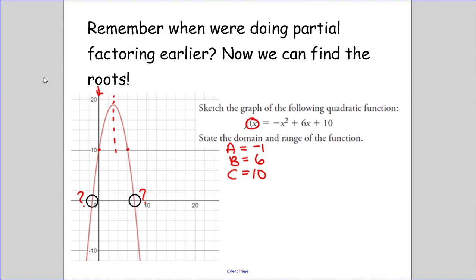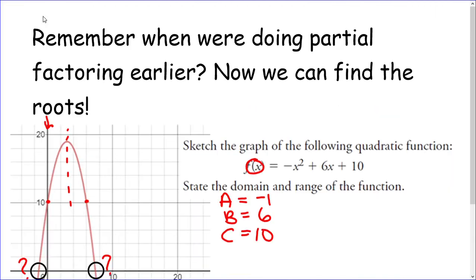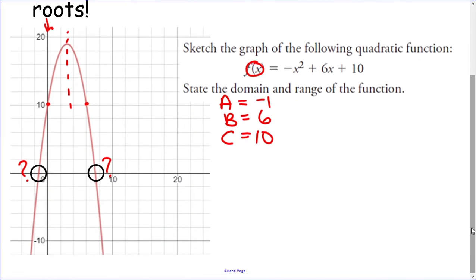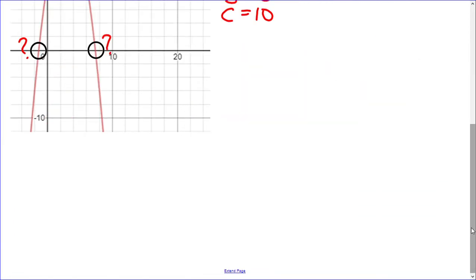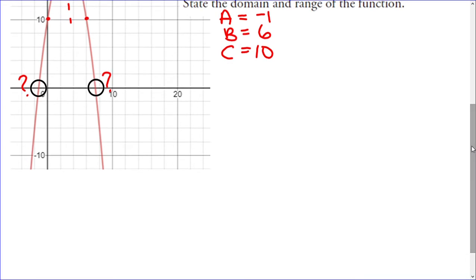So if I set up my quadratic equation, x is equal to minus b plus or minus the square root of b squared minus 4ac, all over 2a.